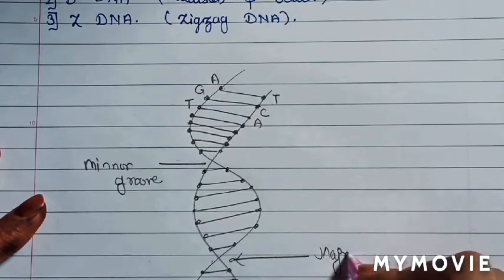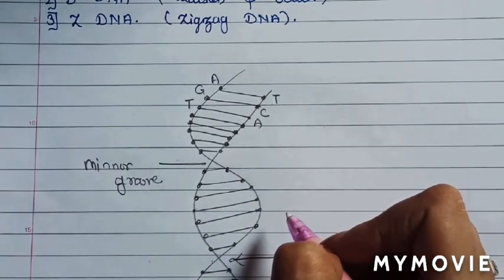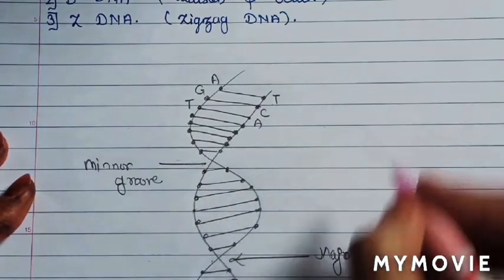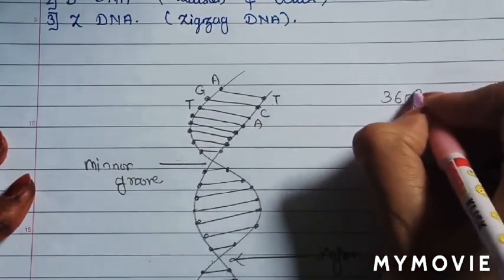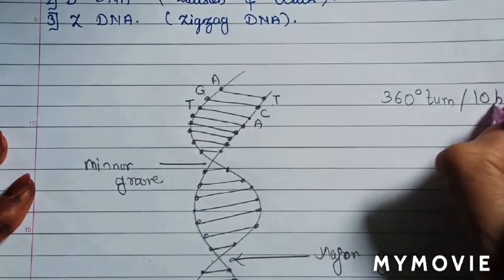Now this 360-degree turn is of 10 base pairs. So we will write here the 360-degree turn has 10 base pairs.